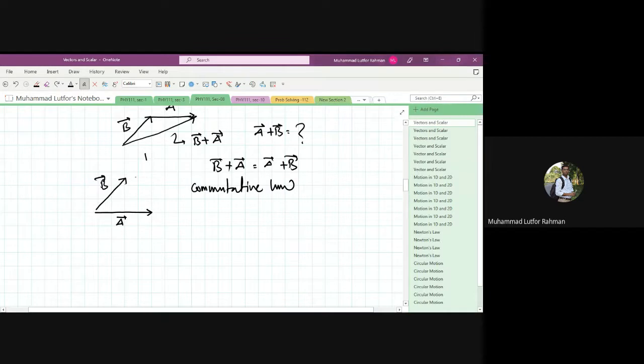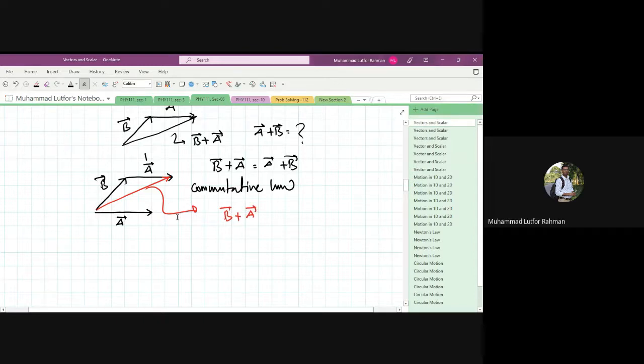If I shift that A over there, which is this one, then I will find this case, which is actually B plus A.